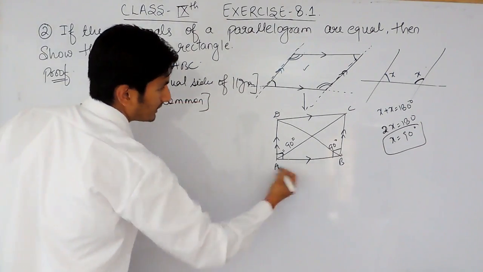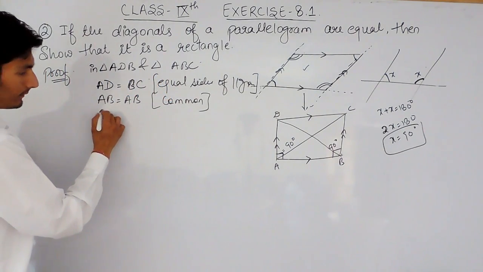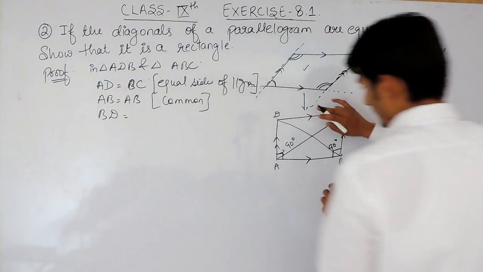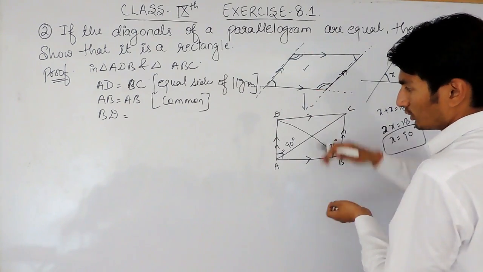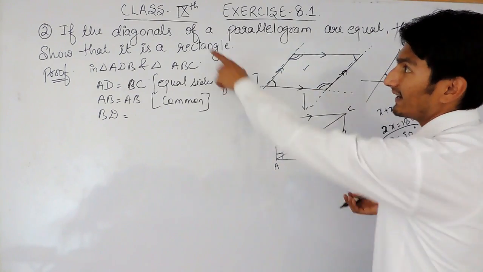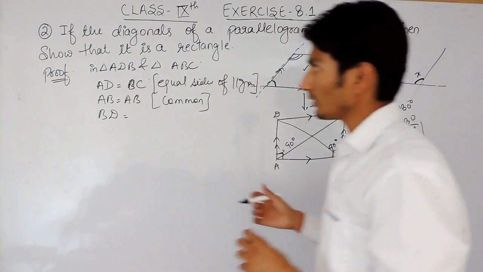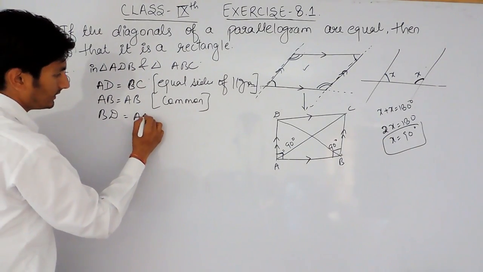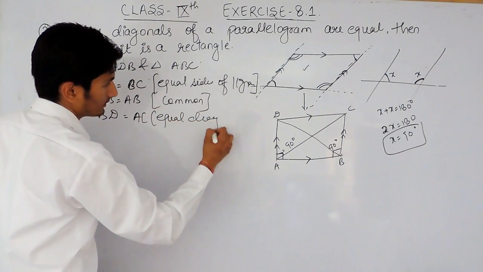So this side must be equal in both the triangles, and BD, that is this side of this triangle, is equal to this side of this triangle, because the diagonals are given equal in this parallelogram. So BD will be equal to AC, equal diagonals.